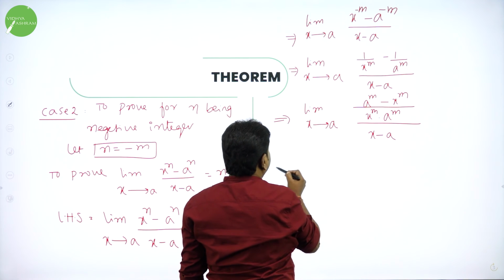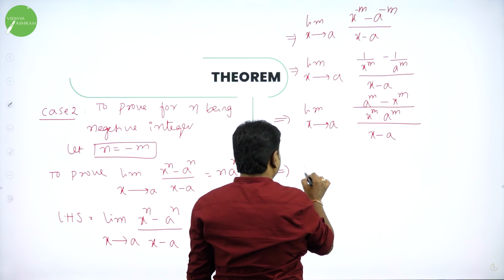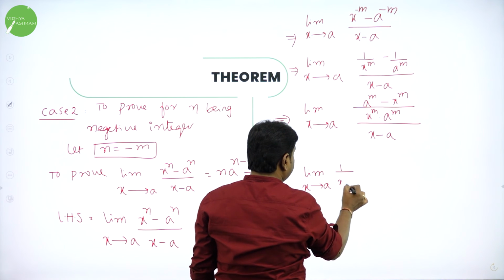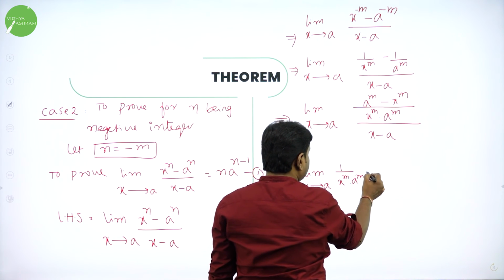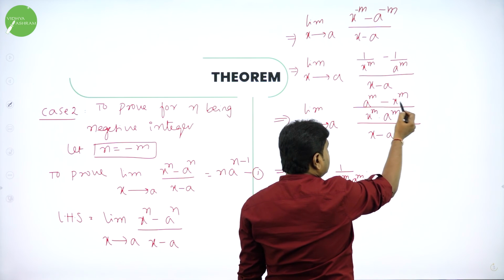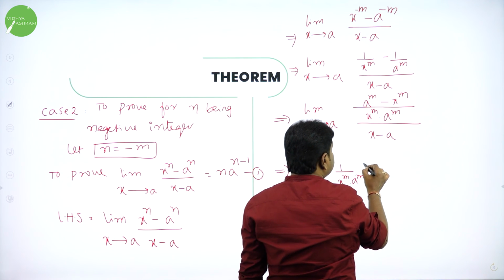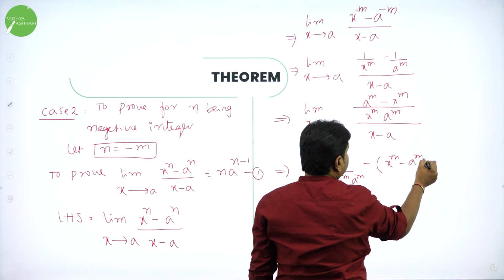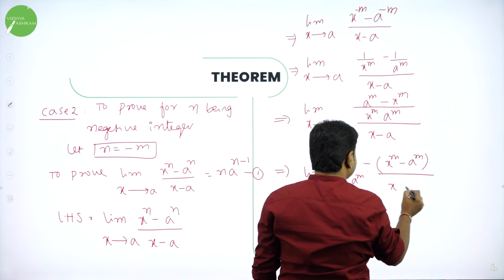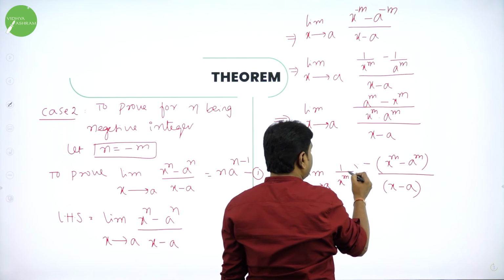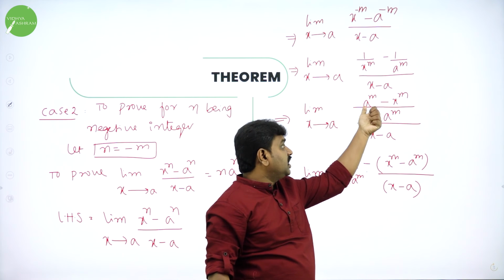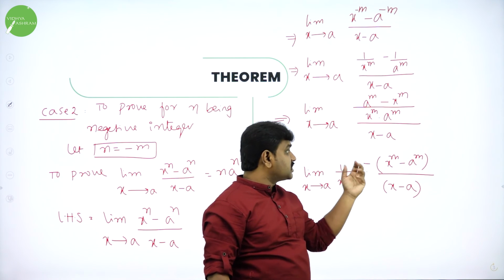That implies further, limit x tends to a, I will take 1 by x power m, a power m outside, and in the numerator I will take minus common. If I take minus common, it will become x power m minus a power m divided by x minus a. So all of you know, in a power m minus x power m, if you take minus out, it will become reversed.